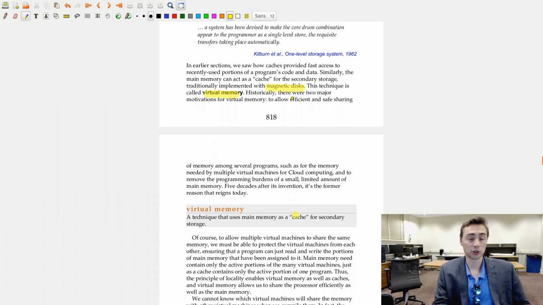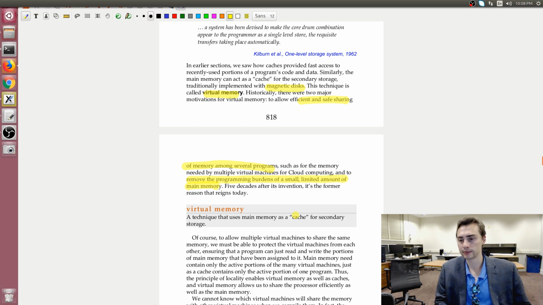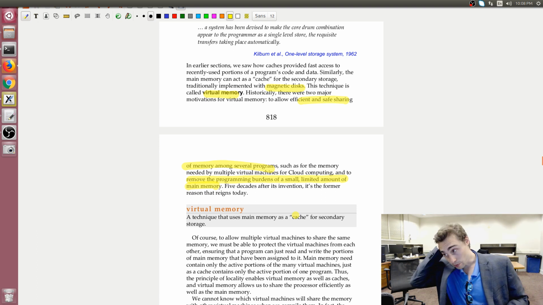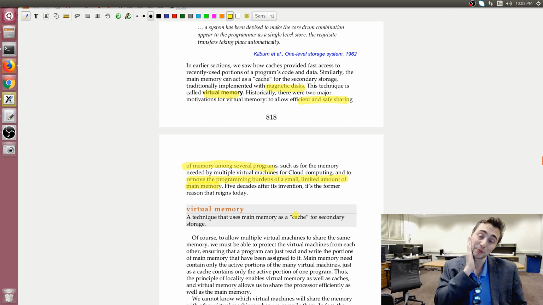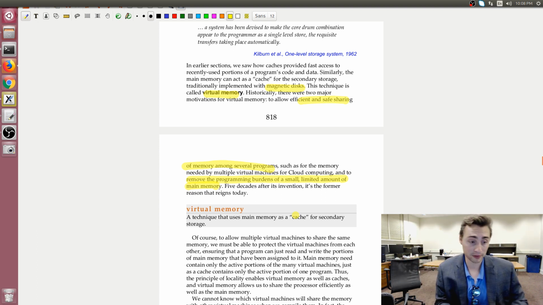Our two main motivations are to allow efficient and safe sharing of memory among several programs, and to remove the programming burdens of a small, limited amount of main memory. So instead of having to manage all this memory by ourselves, like we have to do with GPUs, which is why most people don't program GPUs, because you have to manage the memory yourself since they don't support a lot of virtual memory features.